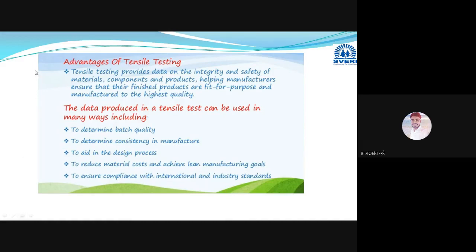Okay, write down this page, write down the points on advantages of tensile testing, and also write down the next point, the use of data in different ways.